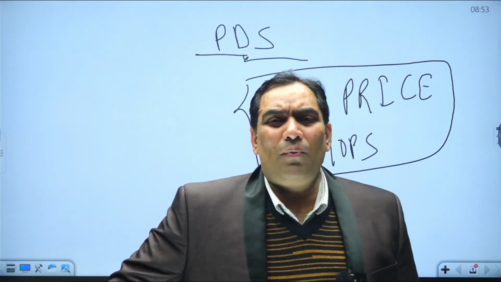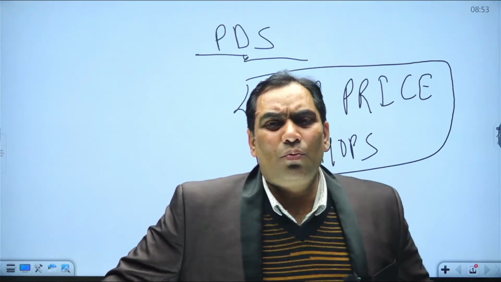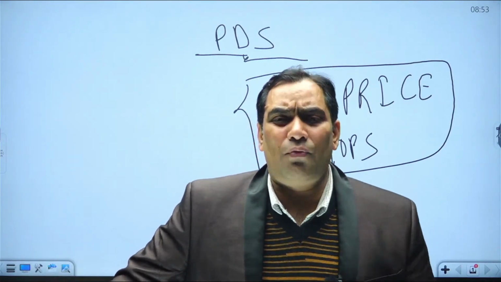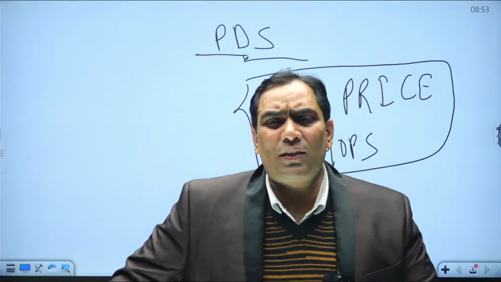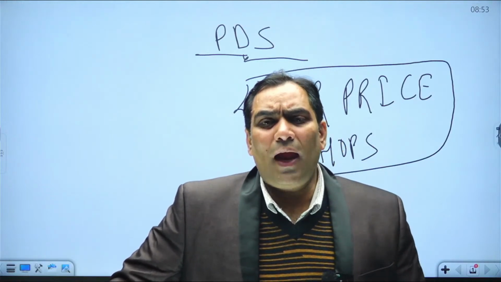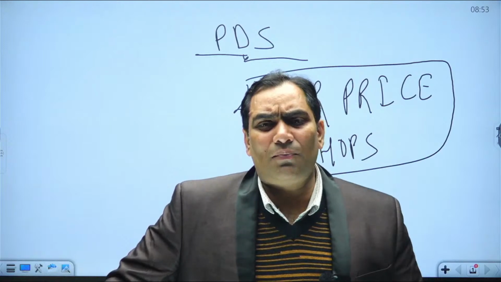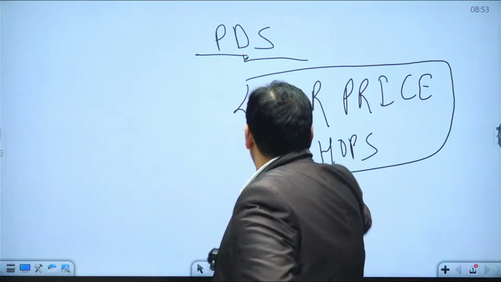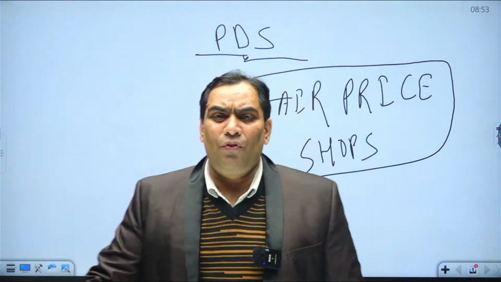So what is the public distribution system? It is the distribution of food to the citizens or to the people at a subsidized rate through fair price shops.